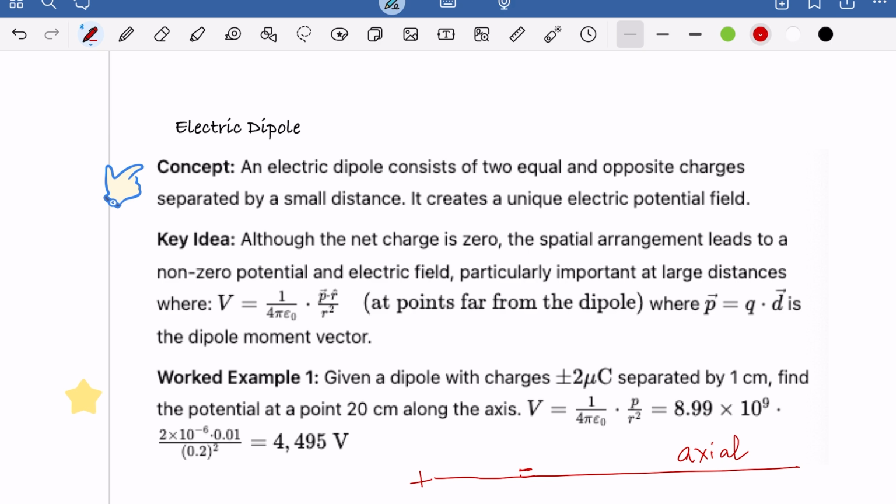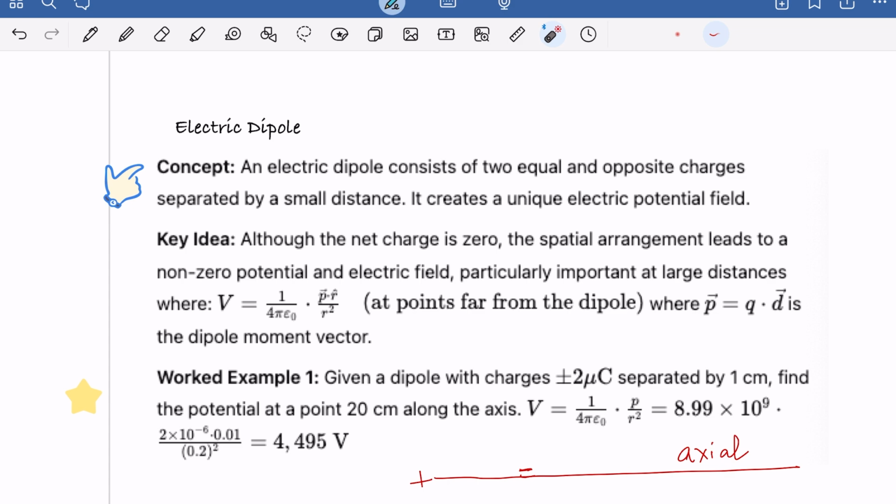Then you could use this formula that's given here, KP by R squared. Now that's just a unit vector showing the direction. So it's KP. Do you remember P? P is called the dipole moment, which is what? Q times D. Q is one of the charges, D is the distance between them. So if you know the dipole moment, all you have to do is K times the dipole moment by R squared. And that's what the example shows.